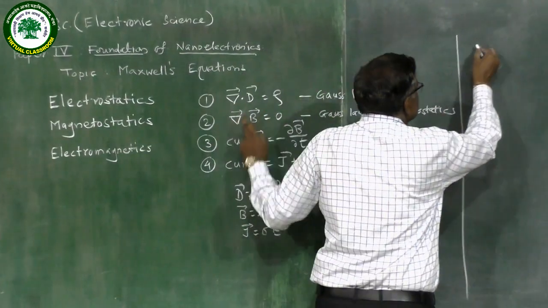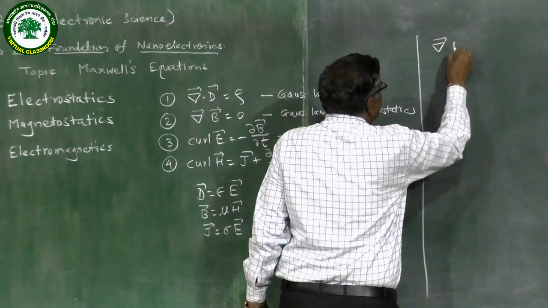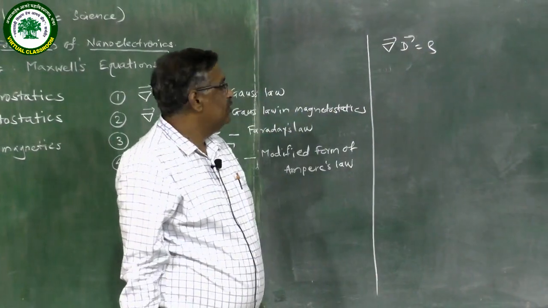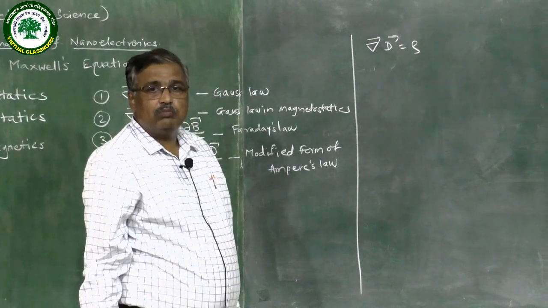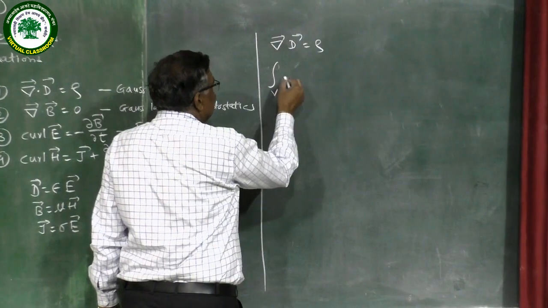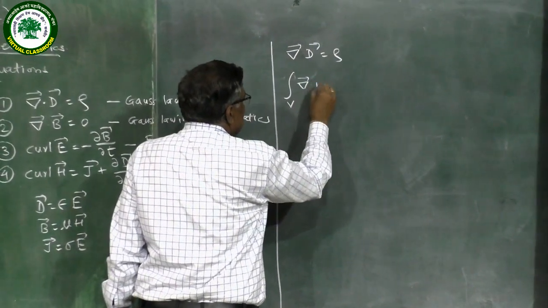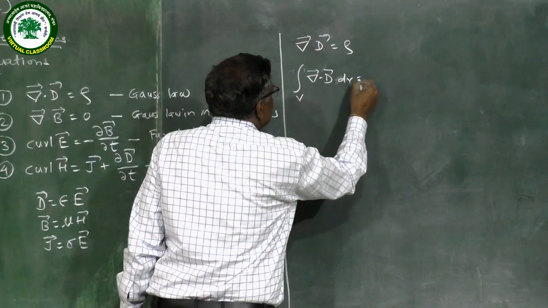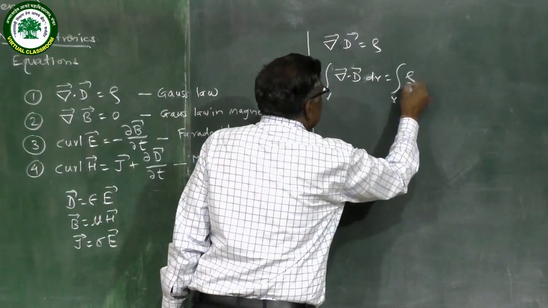So the first equation is divergence of vector D is equal to rho. Taking the volume integral on both sides, this equation is written as integral over V of divergence of vector D dV is equal to integral over V of rho dV.